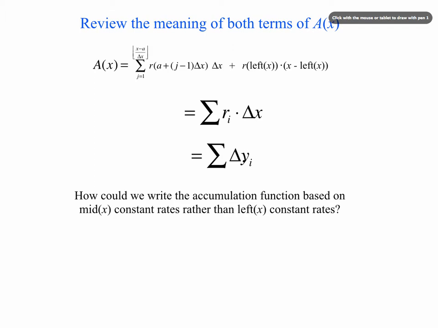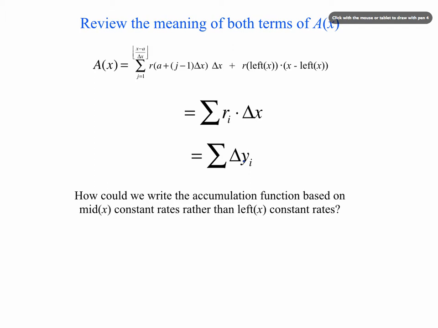Does anybody have a suggestion for what I should change to make my accumulation function based off of mid x? Cool. McLean, are you here? So you're looking at the second term.